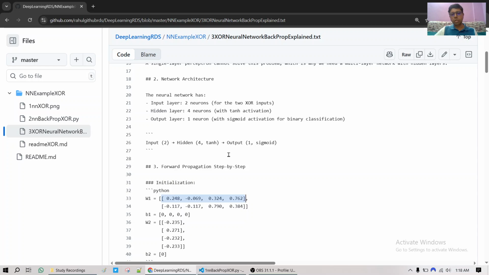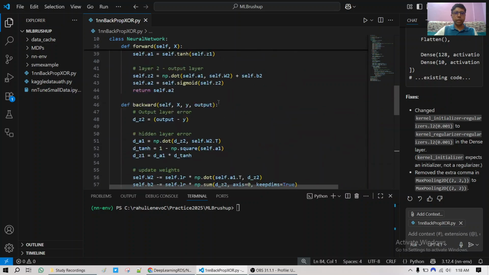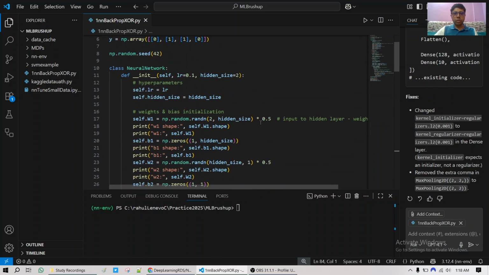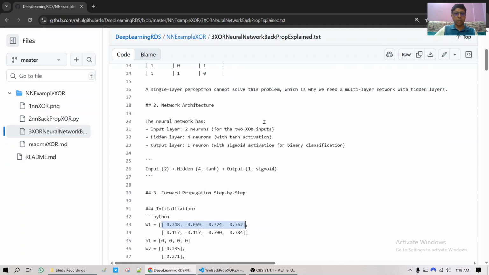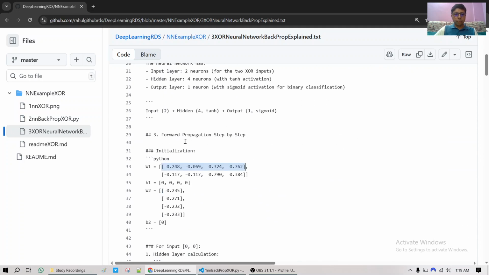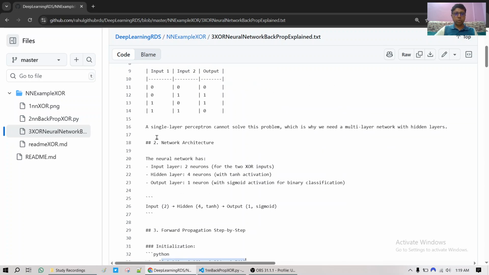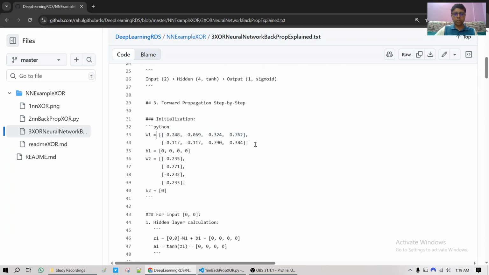It generates them randomly. As you see, we have used a random function that will generate the weights, and this is XOR. So in the initialization, we have input one and input two, and the weightage for the hidden layer has four weights for input one and four for input two.